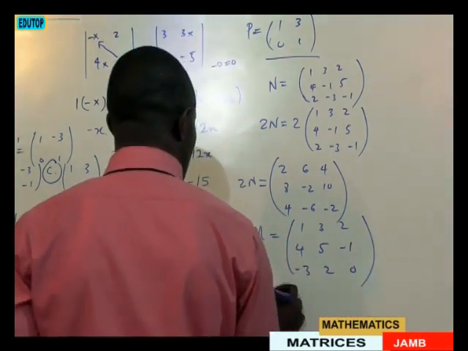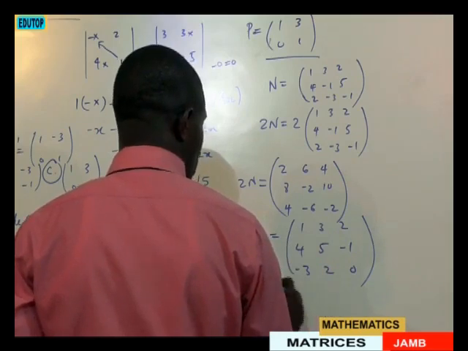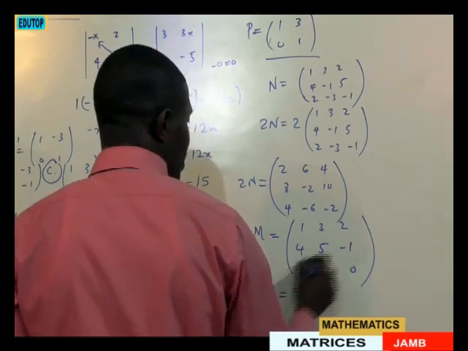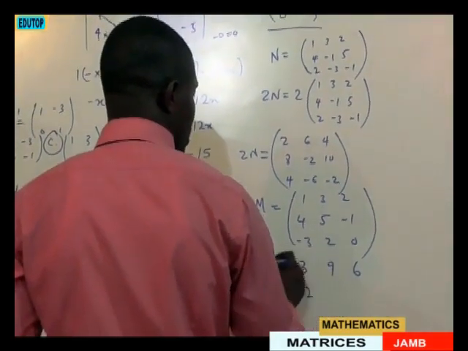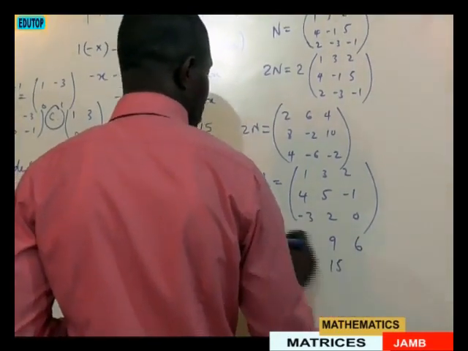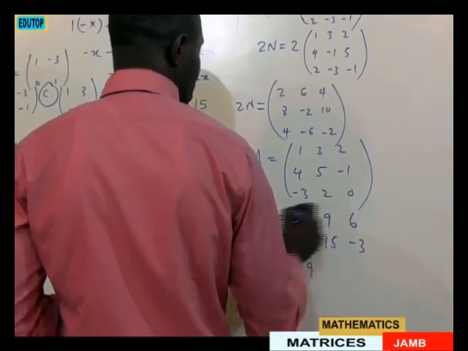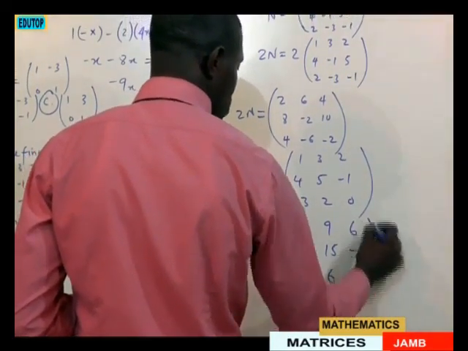So our 3N will now be 3 times this: 3, 3 times 3, 9, 3 times 2, 6, 3 times this 12, 3 times 5, 15, 3 times minus 1, minus 3, 3 times minus 3, minus 9, 3 times 2, 6, 3 times this 0.